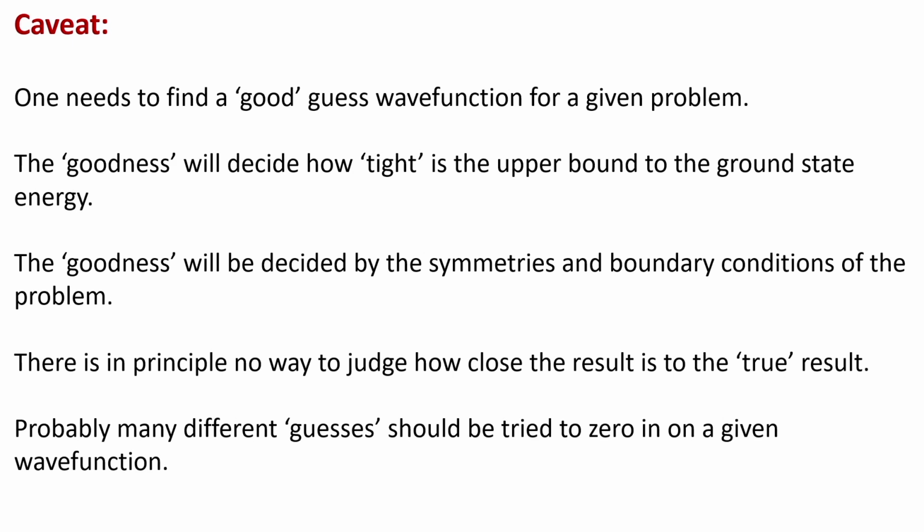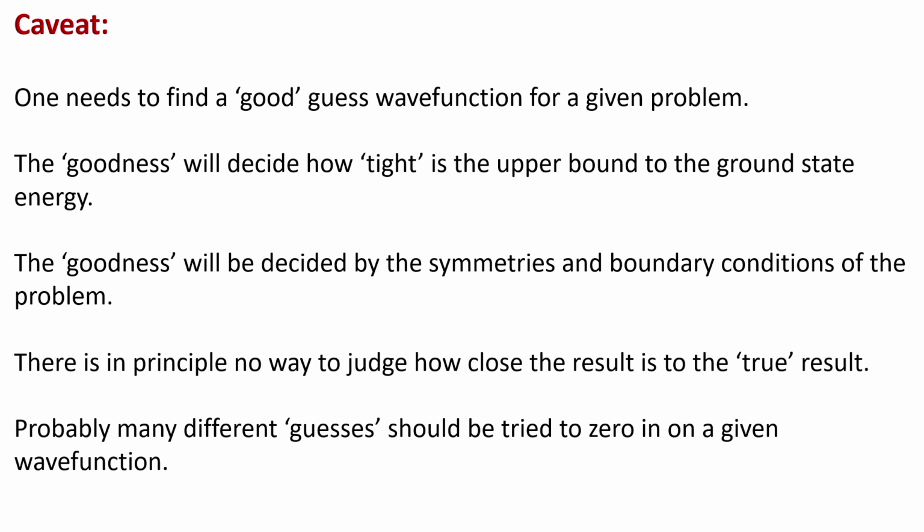And so, the goodness of the guess wave function will decide how tight the upper bound to the ground state energy is. Which means that you will always get an upper bound to the ground state energy, and you will not get an energy which is lower than the ground state energy by doing a variational calculation.